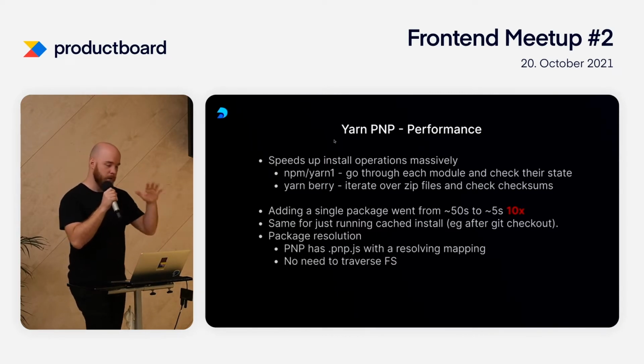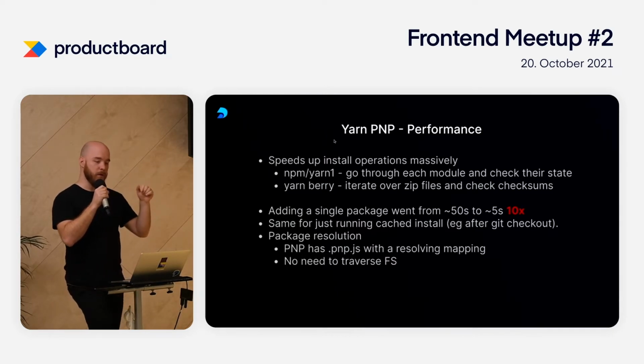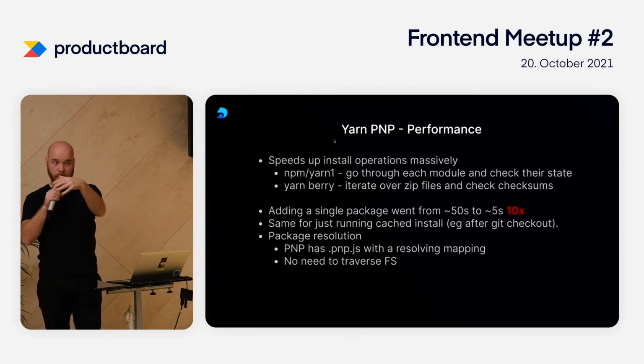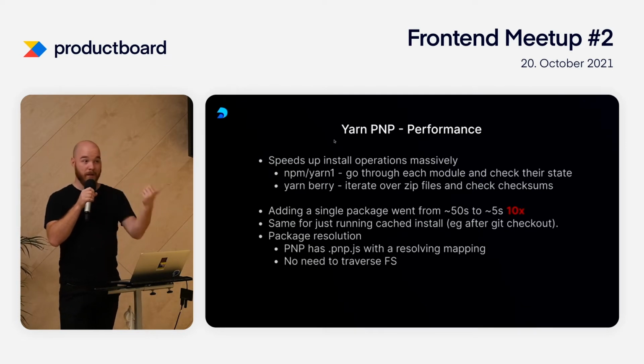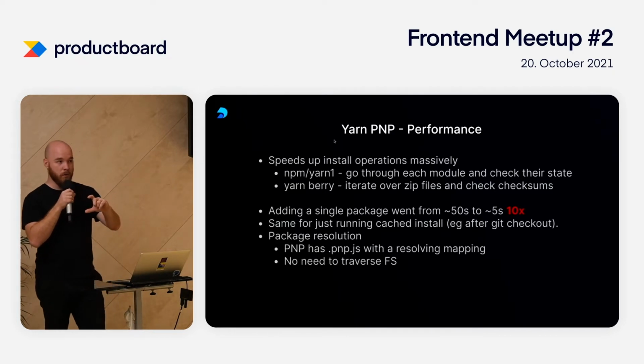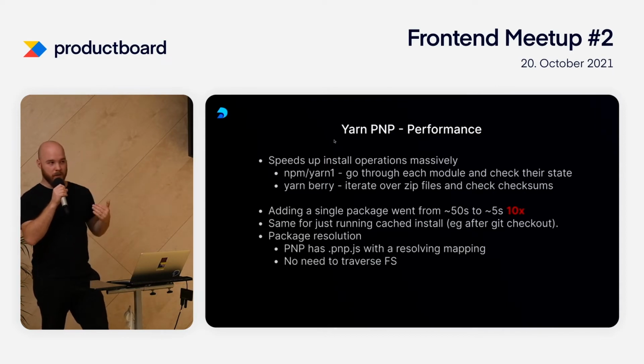Another point is that you iterate over zip files in your memory, you only check checksums and compare them when installing. And if the checksum doesn't match, then you install a new version during the installation time. So you don't have to load the package.json, read the package.json version, check that the version is there, and so on.